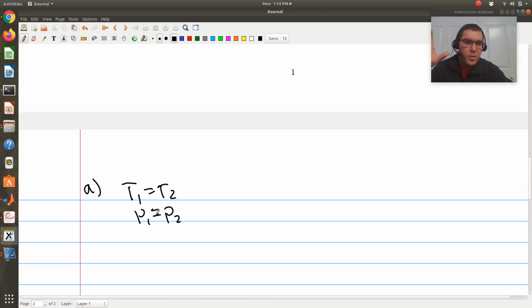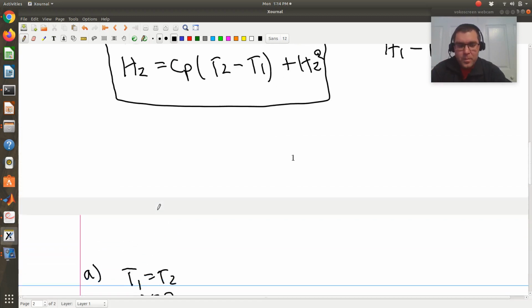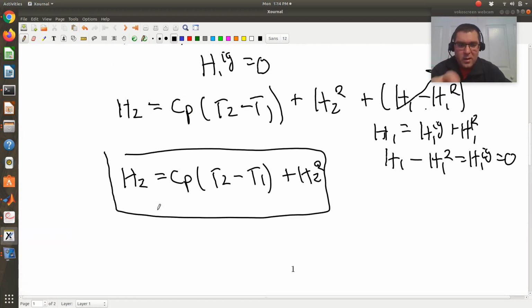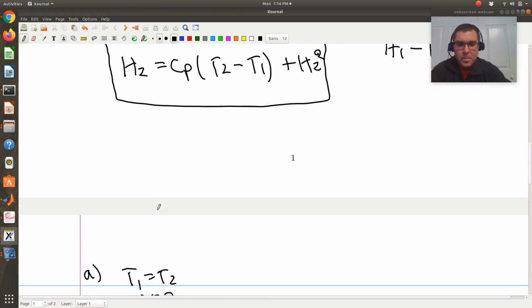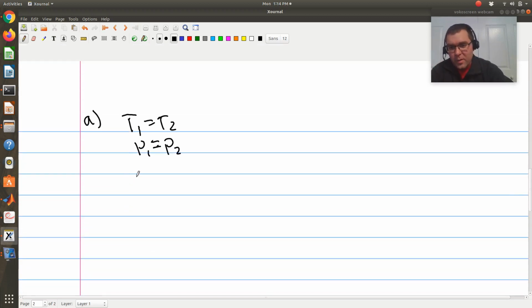The temperature and pressure of our reference state are equivalent to those of our state of interest. So our first term, Cp times T2 minus T1, goes to 0, and we're just left with H2 equal to H2R. This makes sense because H2 would be H2 residual plus H2 ideal gas, where we're taking that ideal gas value to be equal to 0.